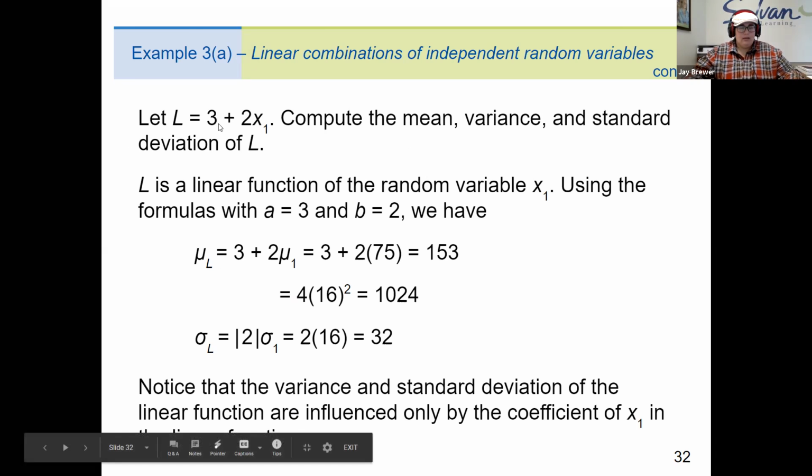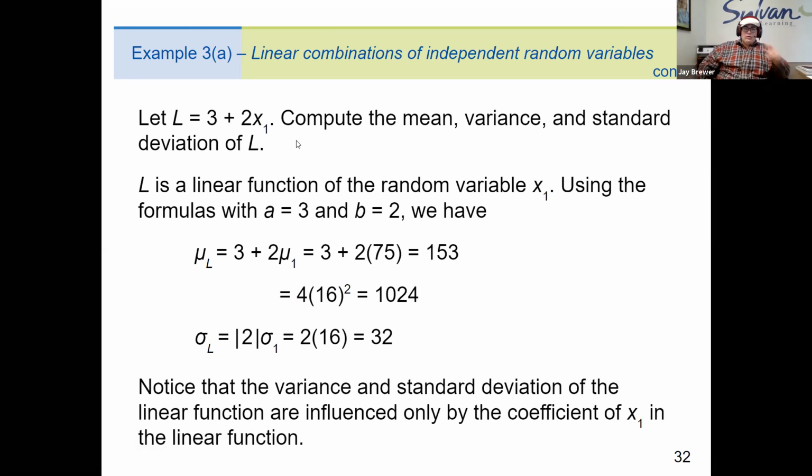Here we're given an L is equal to 3 plus 2x sub 1. So then the mean of L would be using the mean of x sub 1. So you end up with 1,024. And then they also show you manipulating the sigma. So you get 32.